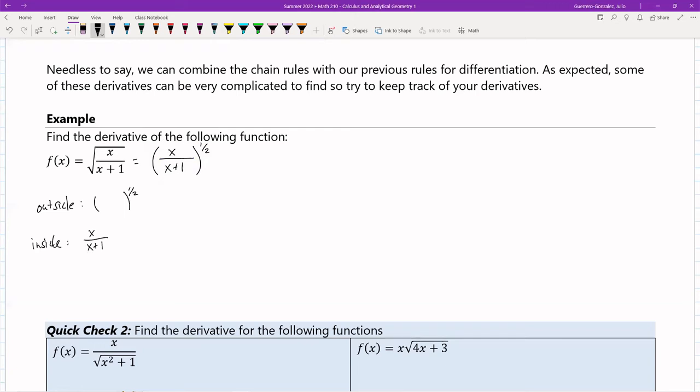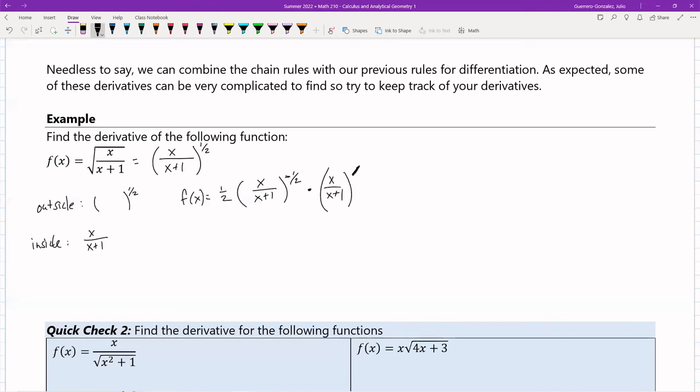When we take the derivative, we know how to take the derivative of the outside bit. That's our good old regular power rule. So this is going to be 1/2 times stuff to the minus 1/2, that's the n minus 1 bit. Our inside was x over x plus 1.